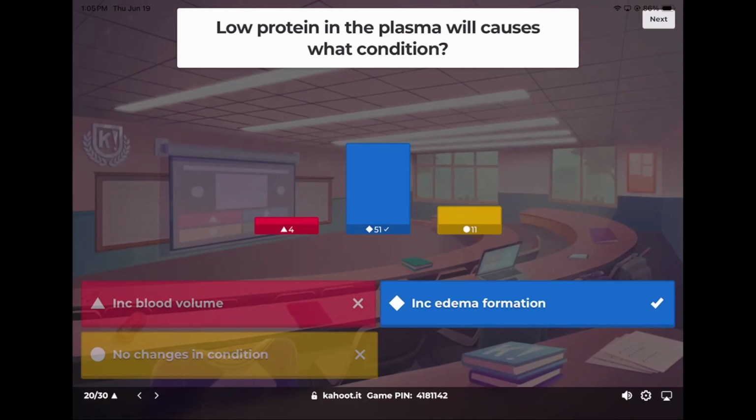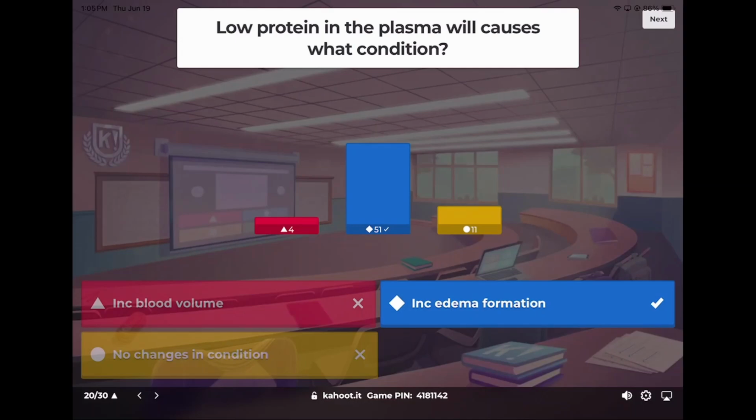We should have all the protein in the blood. That provides the suck, to suck the fluid back in. It opposes the filtration, bringing fluid back in on the venule side of that capillary. So anything with protein is going to have to do with plasma, edema formation, blood volume, something's going on with the protein.